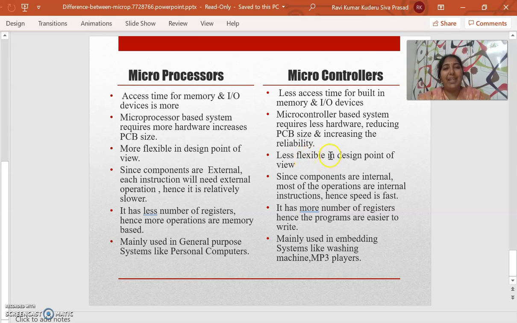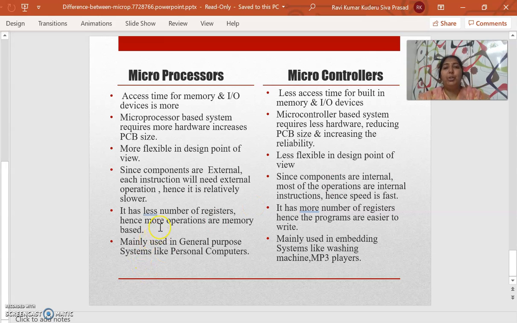So we can say that it is somewhat less flexible when compared to the microprocessor. Since all the components are external, it requires a lot of time to transfer the data between two separate units, so the operations are executed more slowly. But in the microcontroller, all the components are internal, so the speed can be more.